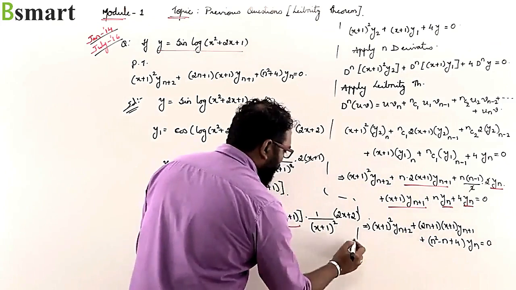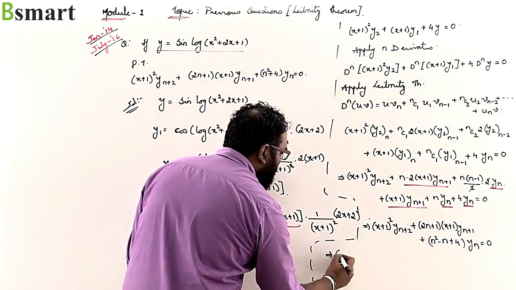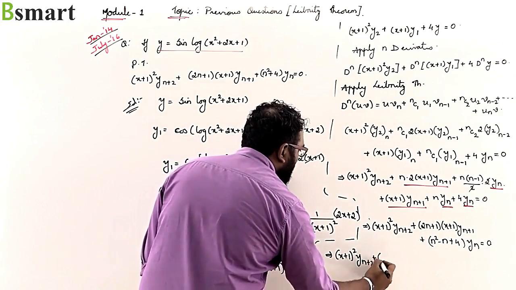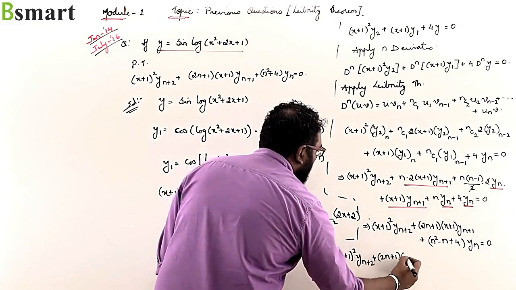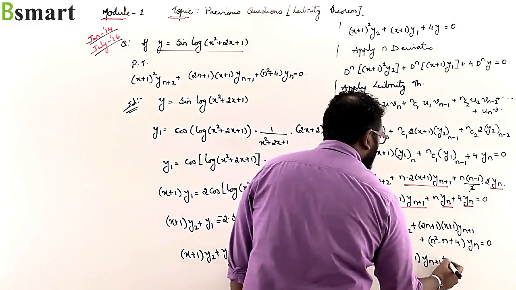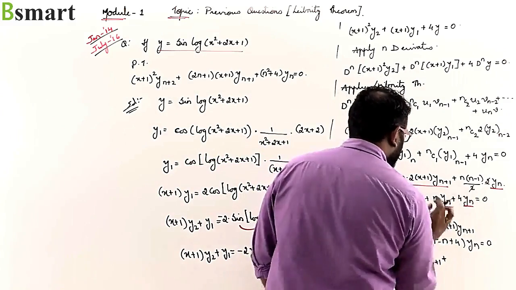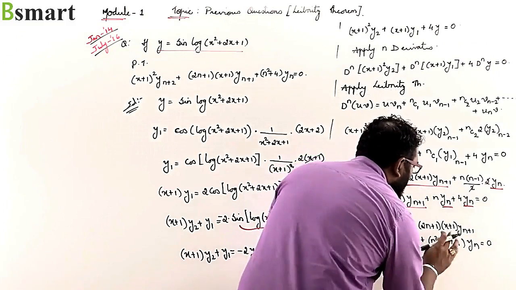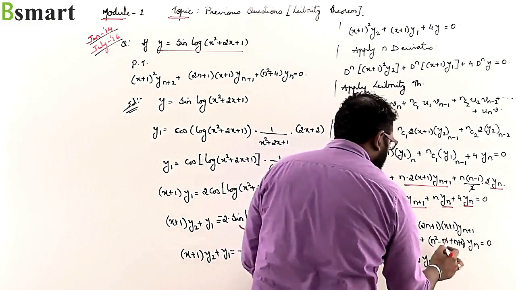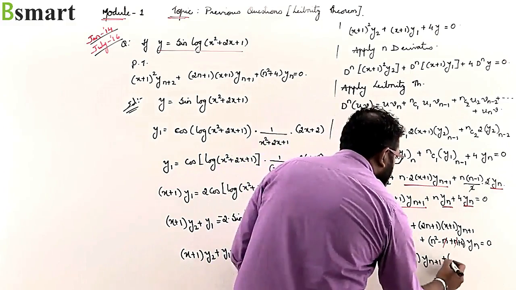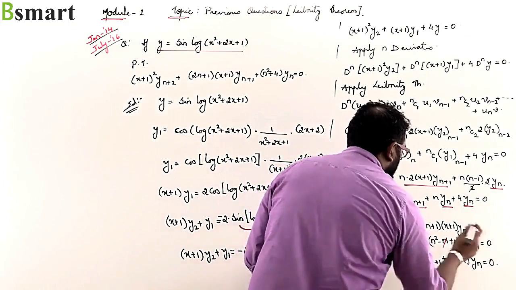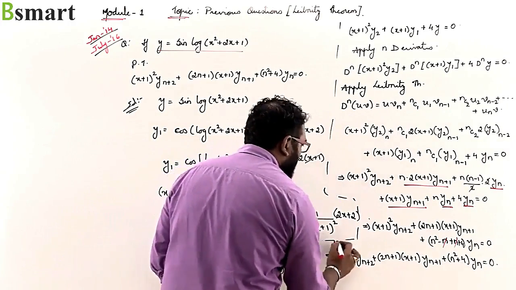Or, therefore, that is x plus 1 whole square into yn plus 2 plus 2n plus 1 into x plus 1 into yn plus 1 plus again, here we missed this n, so this is plus n plus 4. So minus n plus n will get cancelled. So that is n square plus 4 into yn is equals to 0, which is our required value.